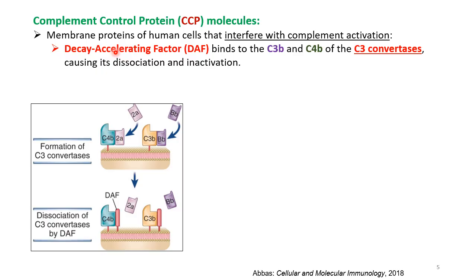So what is going to happen here, this decay accelerating factor, when it finds C3b and also C4b that are stuck to your own healthy cells, is going to block the action of C3b and C4b. So now you're going to block the activity of those convertases. So you're going to stop the cascade.